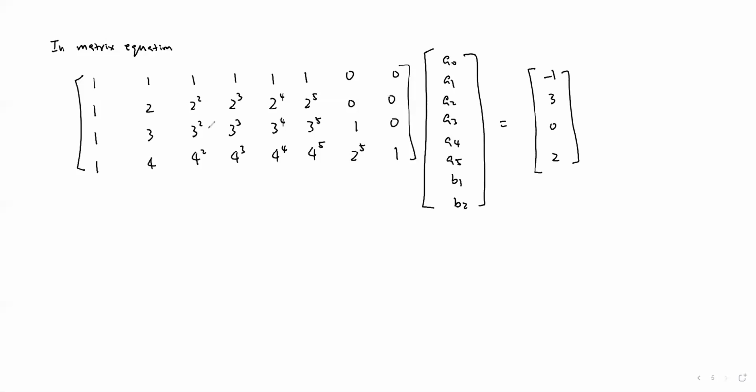This linear system is an underdetermined linear system. It has infinitely many solutions. One solution is negative 5, for A0, A1, A2, A3, A4, A5, then negative 7, 2, 1, 5.